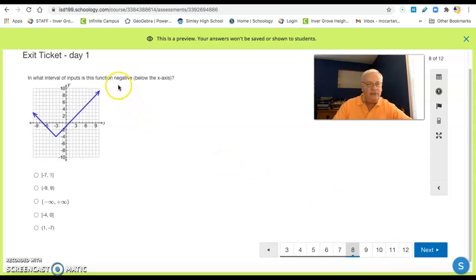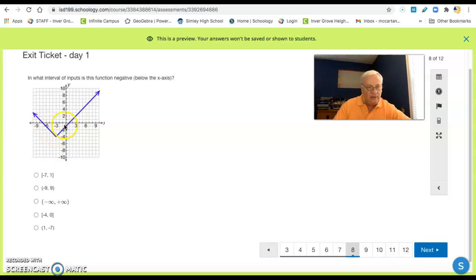All right, now what interval is this function negative? Where is it below the x-axis? Right here, guys, below the x-axis. This blue line down here is negative. Not up here. No, up here it's positive. It's above the x-axis. If I come over to y here, it's positive. Down here, the value of y is negative.